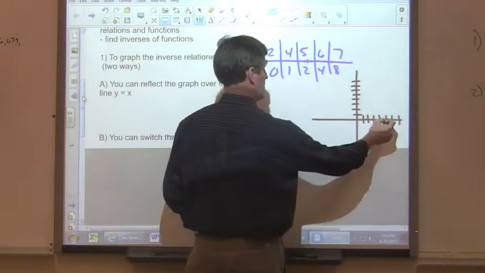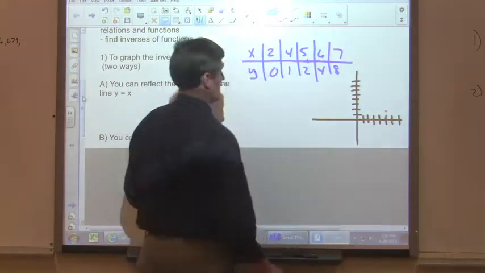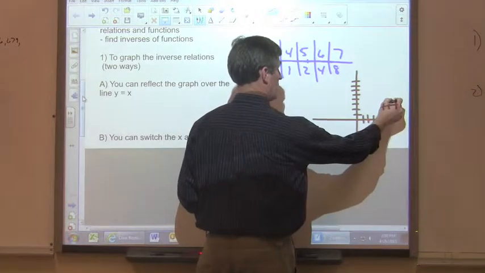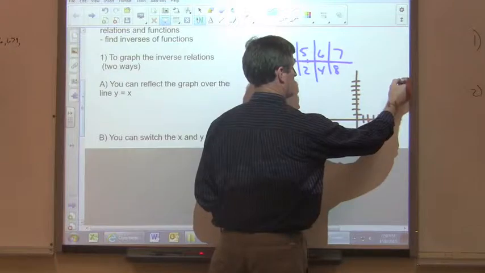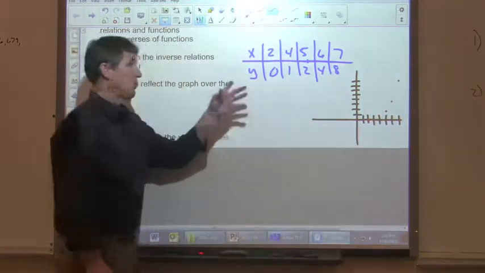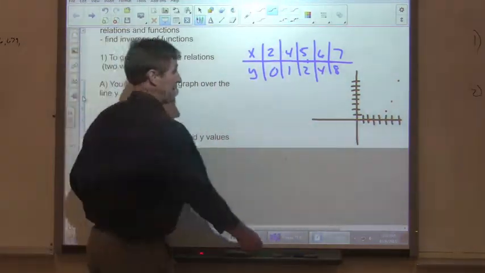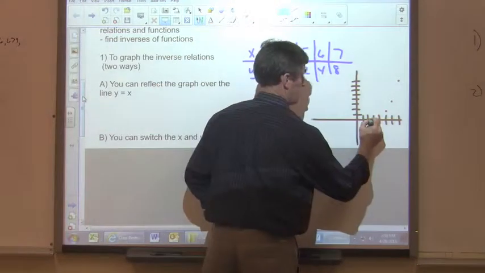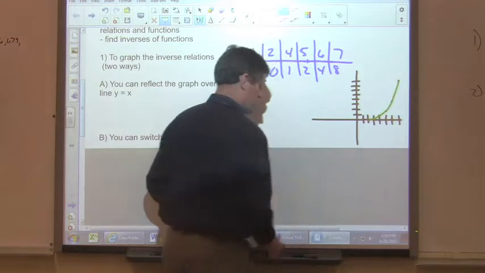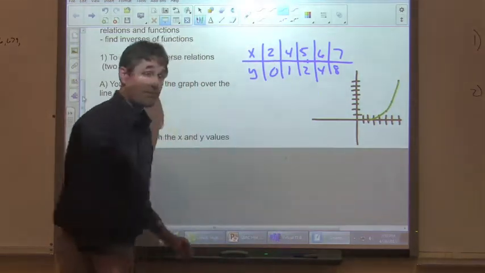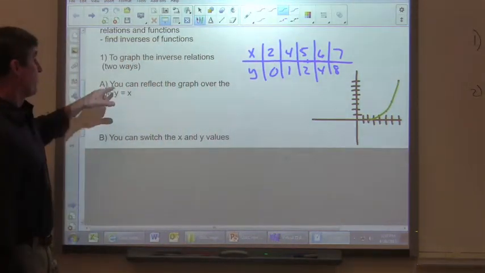At 5, we're at 2. At 6, we're at 4. And at 7, we are at 8. So that would be graphing those points. And if I connected them, it would look something like that. So I can graph this.